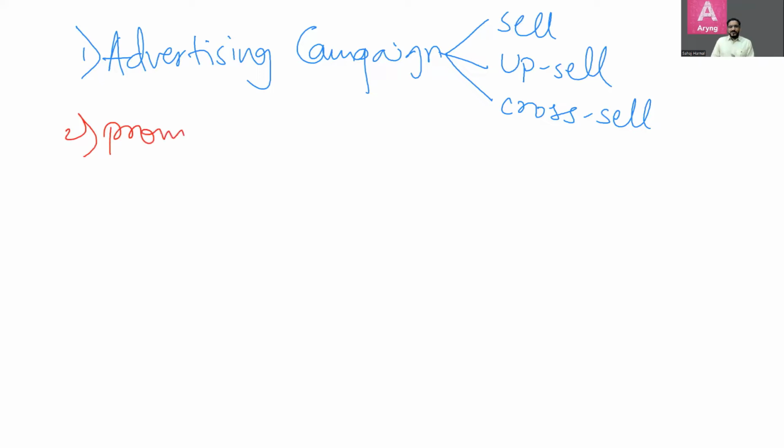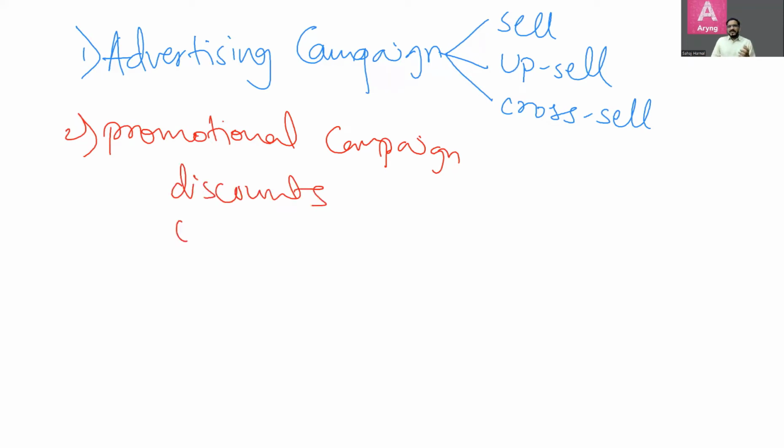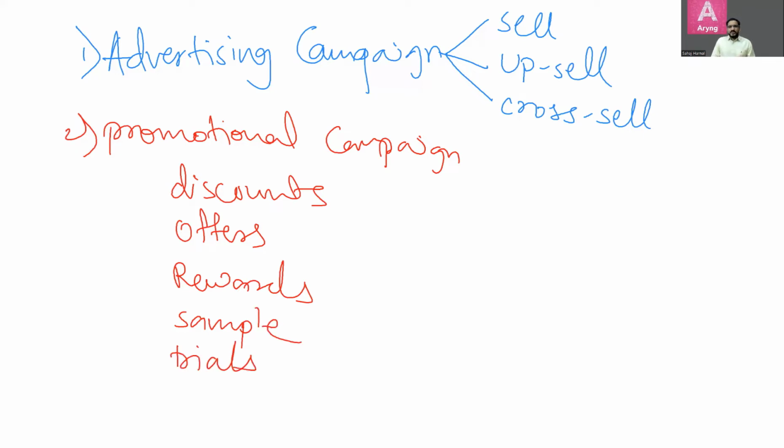Some examples of promotions are discounts, offers, rewards to your loyal customers, sample products, promotional events, and limited period trials. The promotional campaigns have short term goals and they are mostly cost effective and yield quick results.